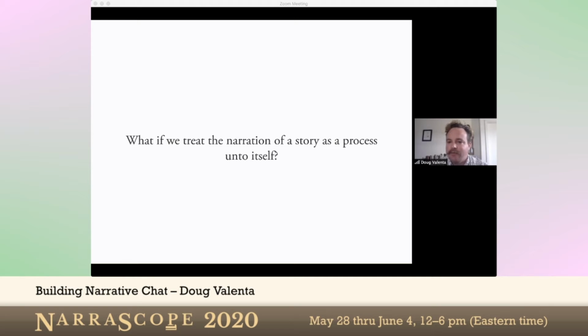That there was this process there that deserved to have technology and abstraction really thrown at it to try to build up this capability to narrate stories, that the narration itself, the rendering of actions and dialogue in a story into prose was a concern unto itself that was going to require some technology behind it.